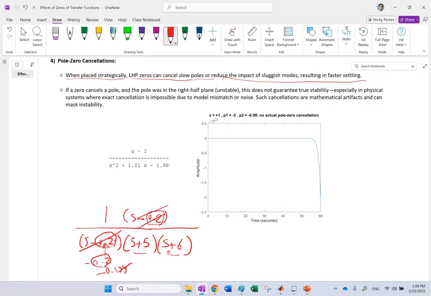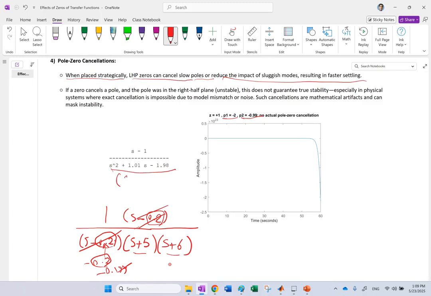They will not cancel each other, and although you think the system is going to be stable, it's not going to be stable. So to show you that, here I have this system which has the poles at negative 0.99 and negative 2. And I thought the poles should be at negative 2 and positive 1, right?